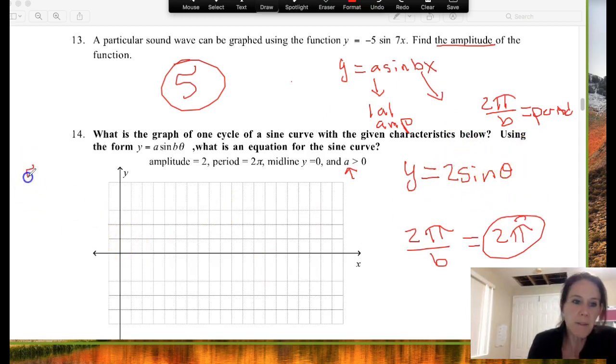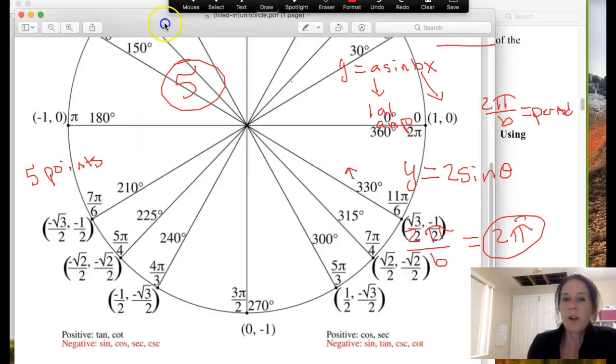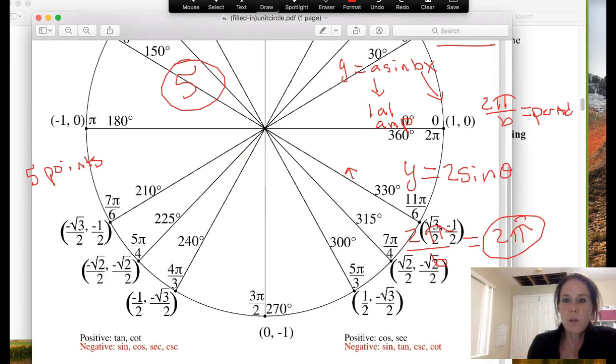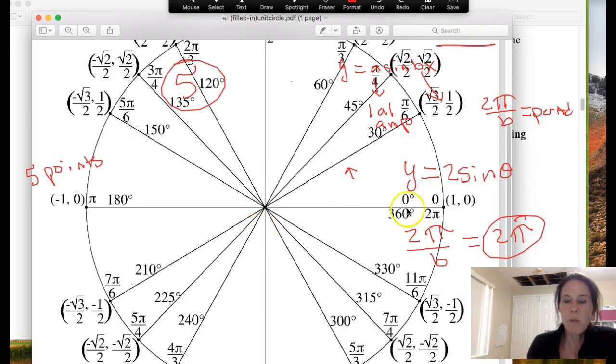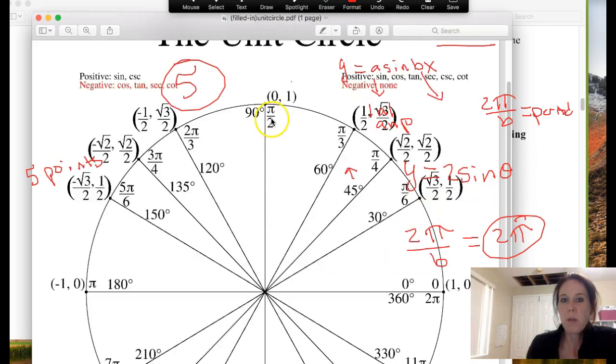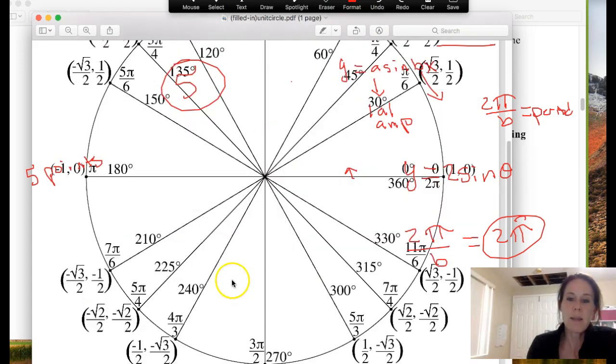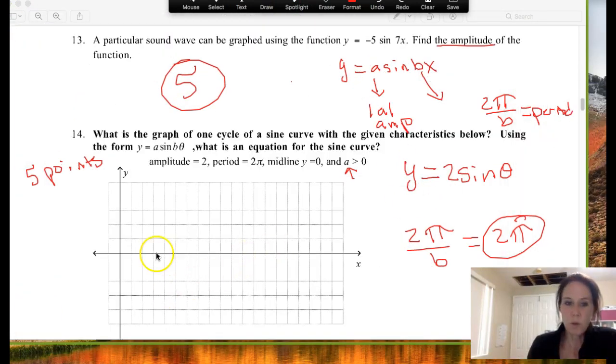Now remember my 5 points. If you're looking at your 5 benchmark points when you're graphing, on a unit circle, to get one full curve, you're going to go 0, pi over 2, pi, 3 pi over 2, and then back to 2 pi. So you have 1, 2, 3, 4, 5 points, 5 points to get a full curve around the circle.